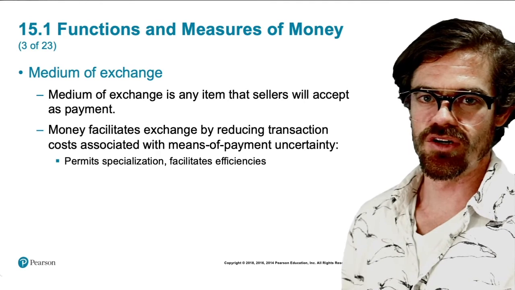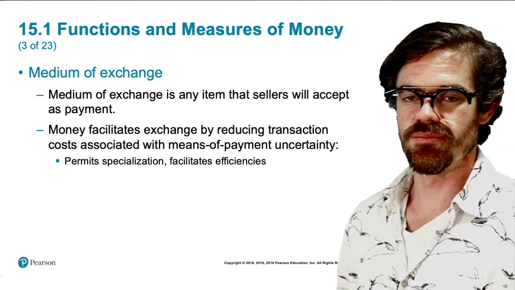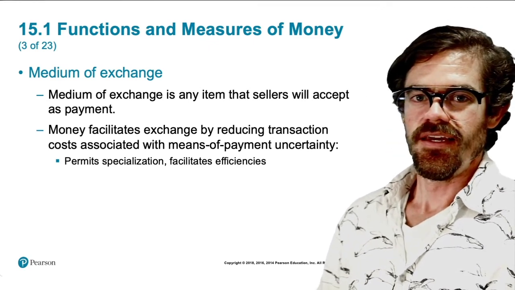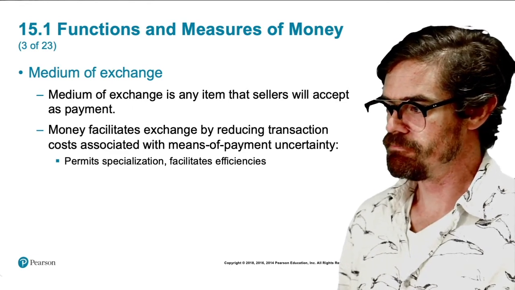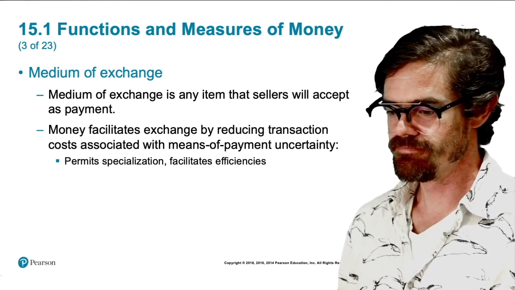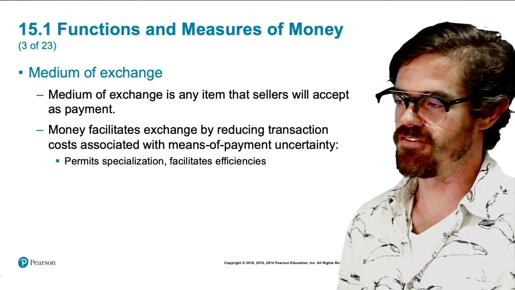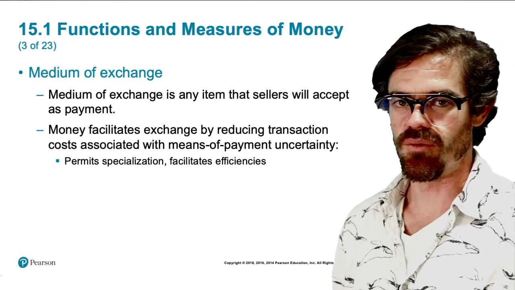We'll talk about barter in a second, but money is commonly used as a medium of exchange because it has a low transactions cost to it. So basically, it facilitates things like efficiency. It permits specialization. And we'll talk about why in a second.